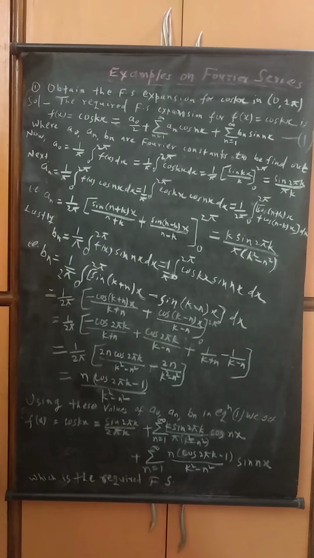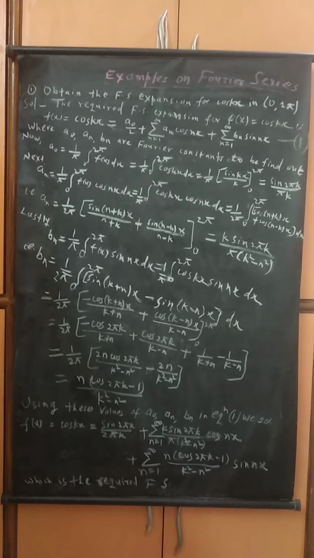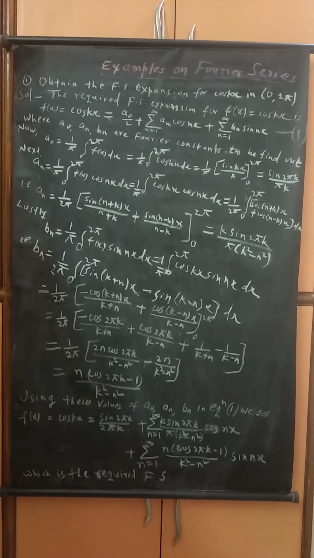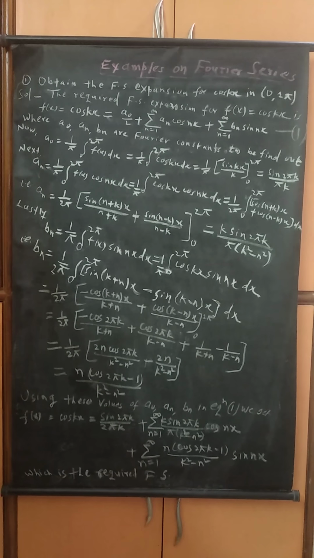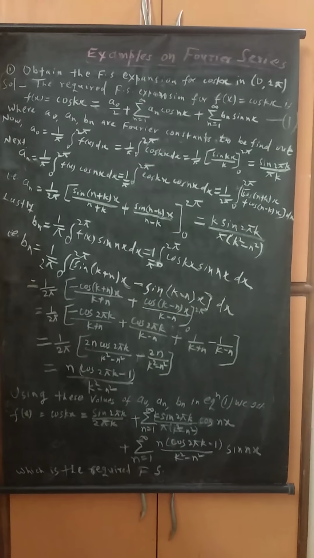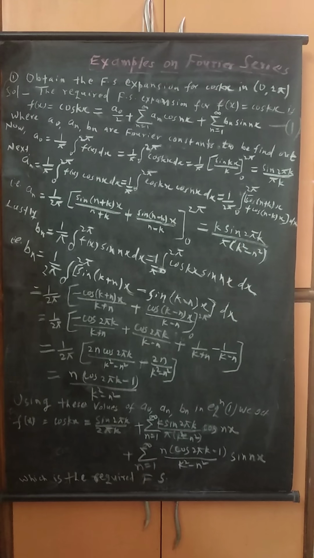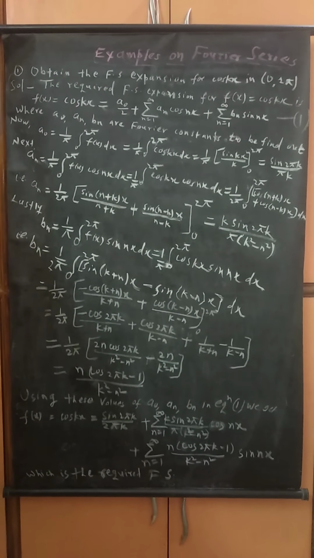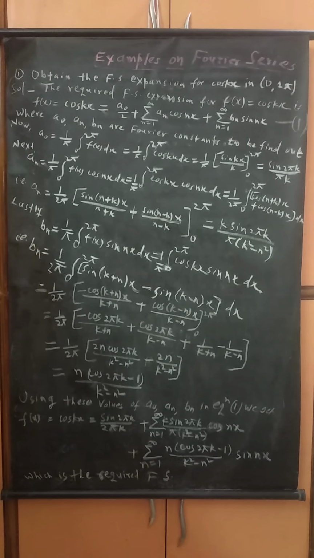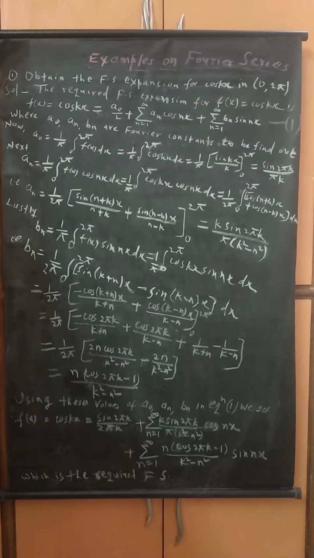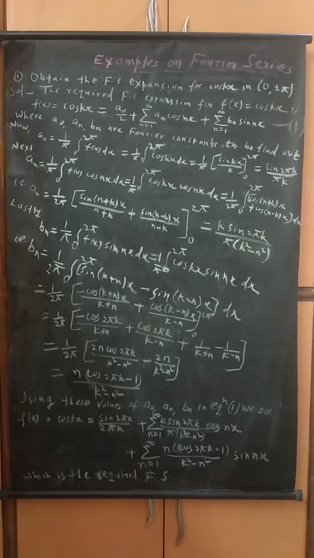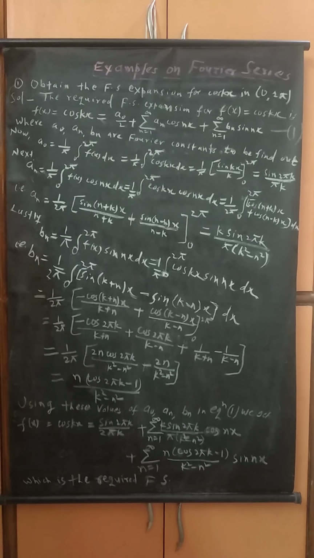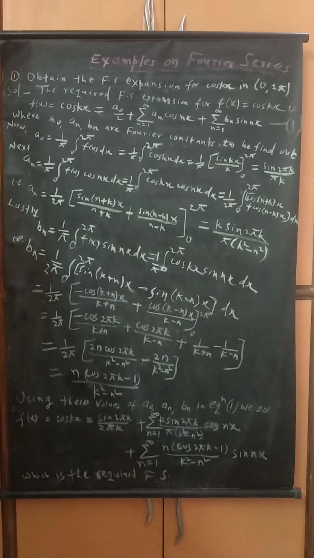Here we use the formulas sin(2 pi n plus theta) is equal to sin theta, and sin(2 pi n minus theta) is equal to minus sin theta.